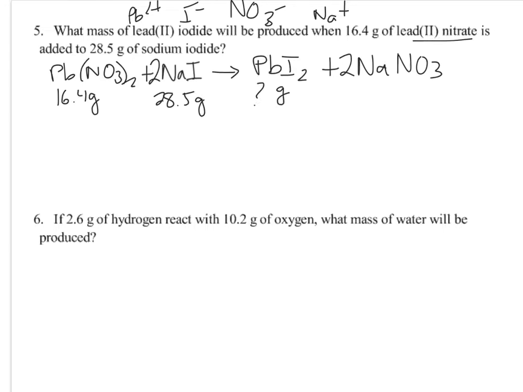Let's start with the Pb(NO3)2. We got 16.4 grams of Pb(NO3)2. So we're going to change that to moles. So 1 mole of Pb(NO3)2 on top. On the bottom, molar mass of Pb(NO3)2 is 331.2 grams of Pb(NO3)2.